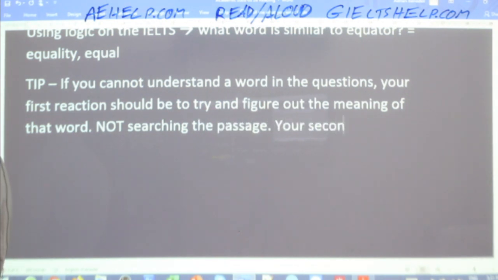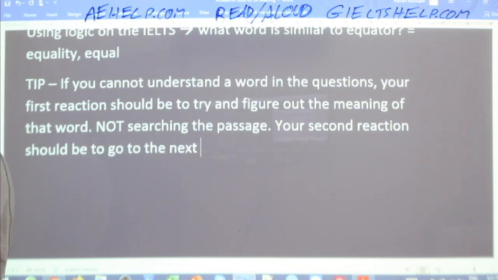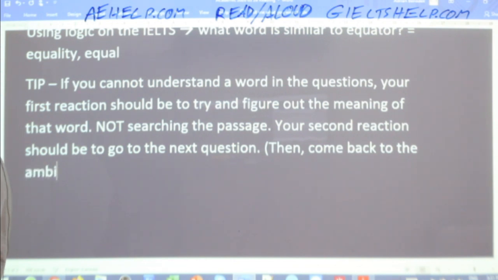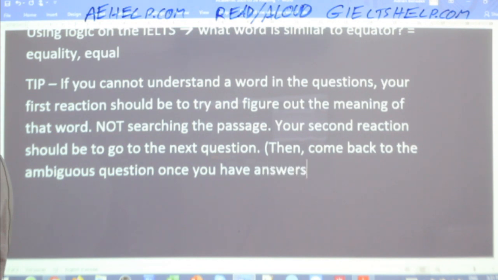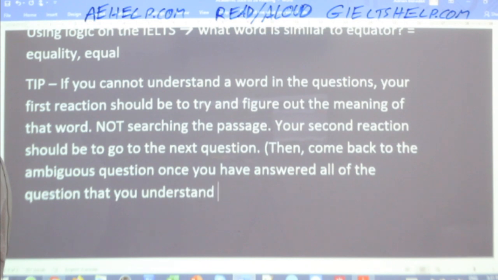Your second reaction should be to go to the next question. Then come back to the ambiguous question once you have answered all of the questions that you understand clearly. Okay, that's the most effective.